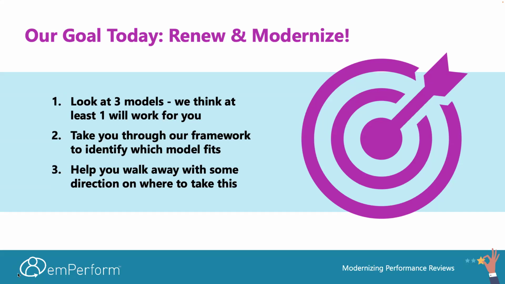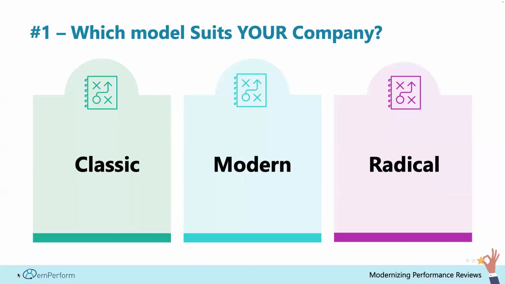Okay. So with that in mind, let's talk about these three models. We call them classic, modern, and radical. They're models of performance management. We think that all of the models are good models, and we know that in all scenarios, these models can drive reward and succession decisions. We have clients that use more than one model with their employee base.